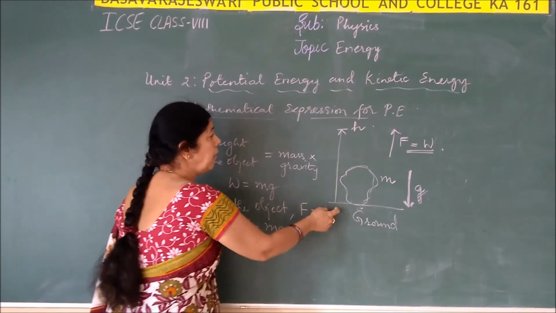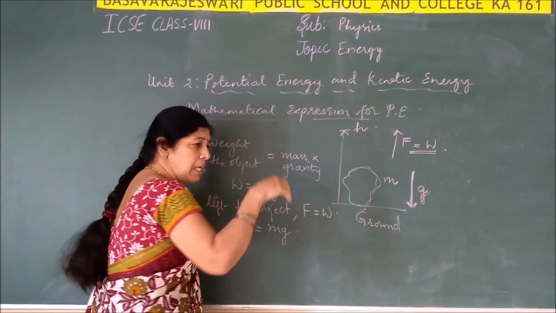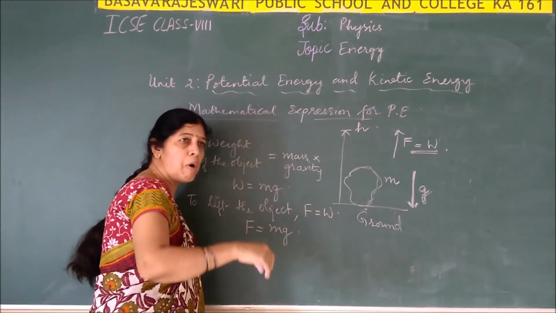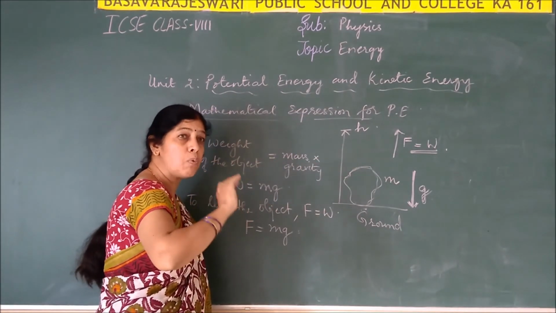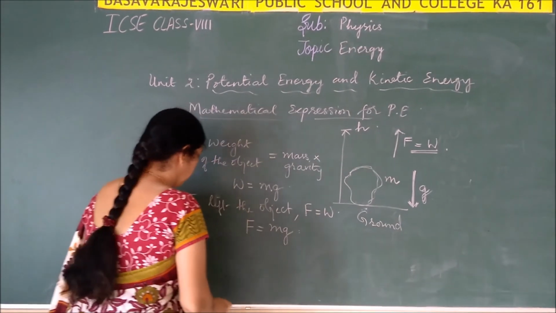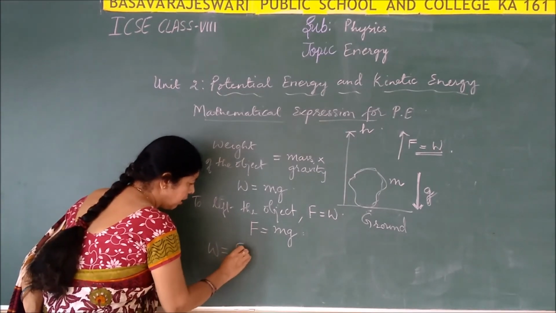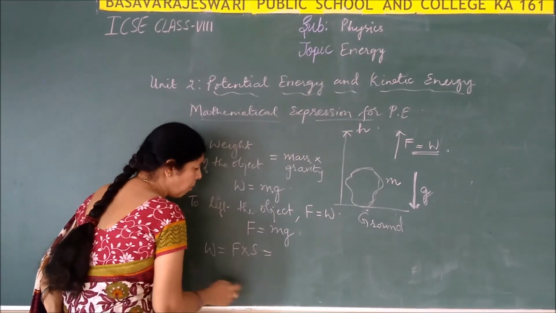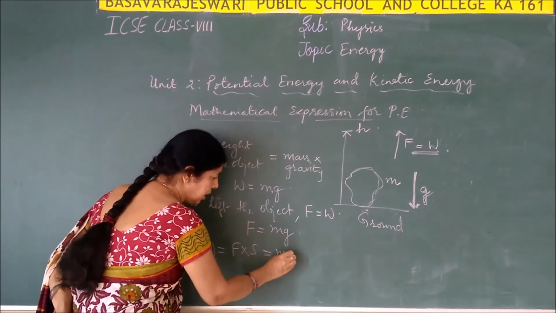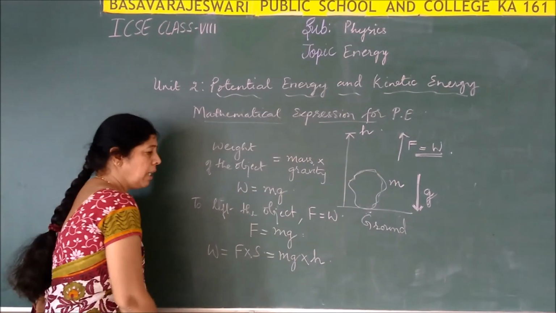Now, through what height do you want to lift the body? To a height h. So, when you are applying some force, the body is displaced to a certain height h. In such cases, work is said to be done. So we can take work done is equal to F into S, right? How much force are we applying? mg. And through what distance am I lifting the object? h.